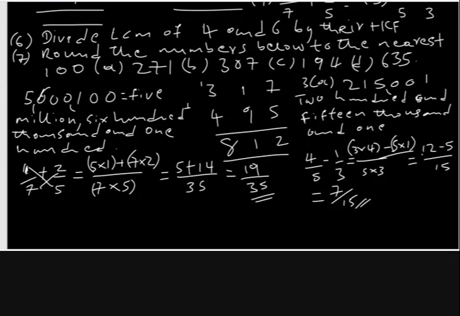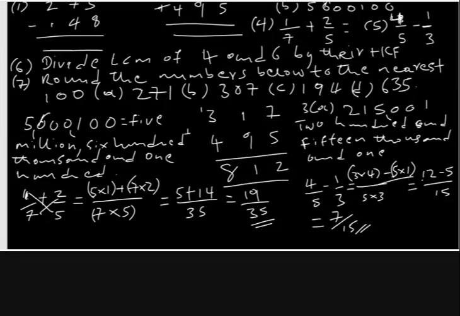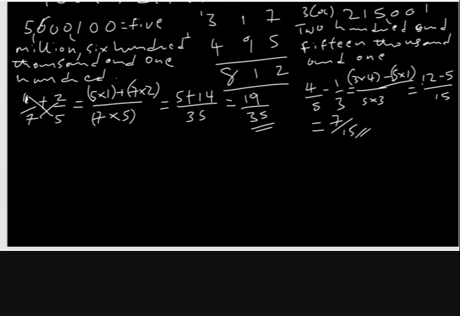So the next question says divide the LCM of 4 and 6 by the HCF. We don't need to do much. We start with the LCM of 4 and 6.